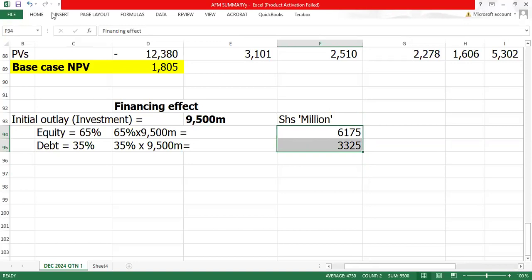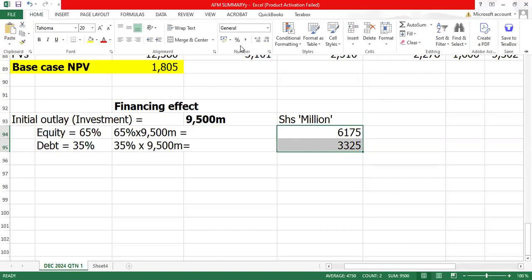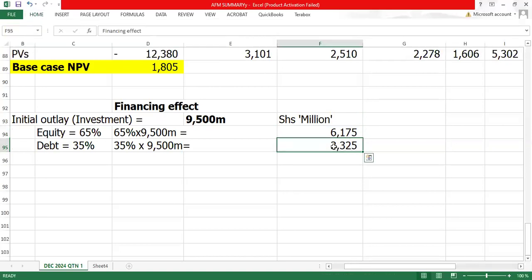All right, so once you have this, out of this money, this is the total debt. Out of this money, you will receive some money from TBL.